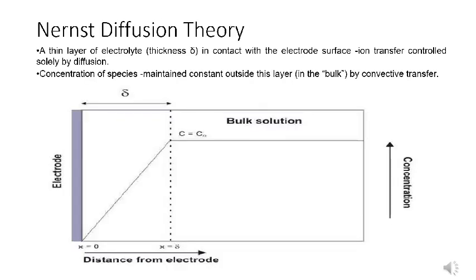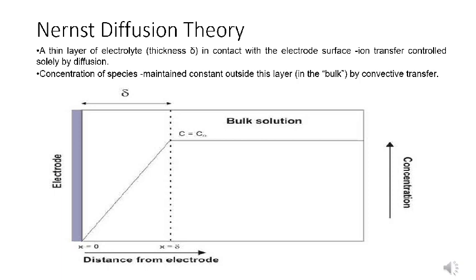Okay, let me zoom in on the area close to the cathode surface. In this close up, I would like to show you the distance of the Nernst diffusion layer, between the bulk solution and the electrode surface. The presence of the concentration gradient, that gradient we call delta.